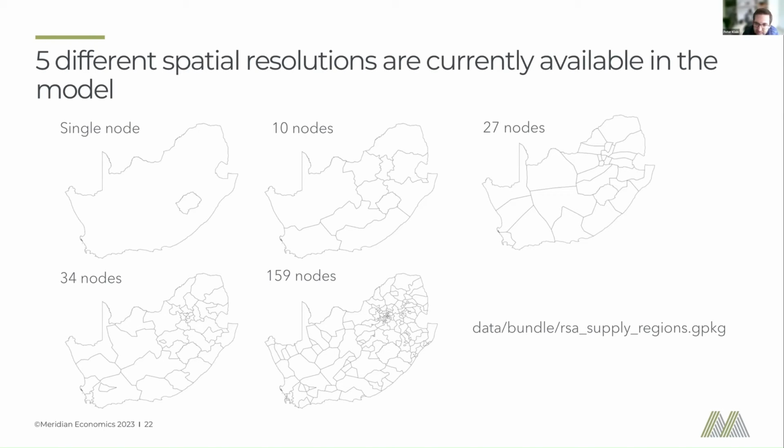Now, obviously, in terms of computational limits, you can't necessarily do both of these things together. You couldn't do even a 34 node model solving in 2-year steps to 2050. Unless you have like 256 gigs of RAM, you're going to struggle to solve that.